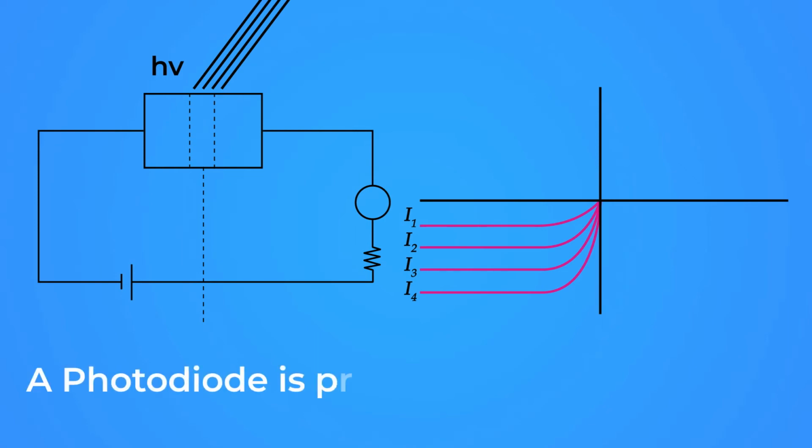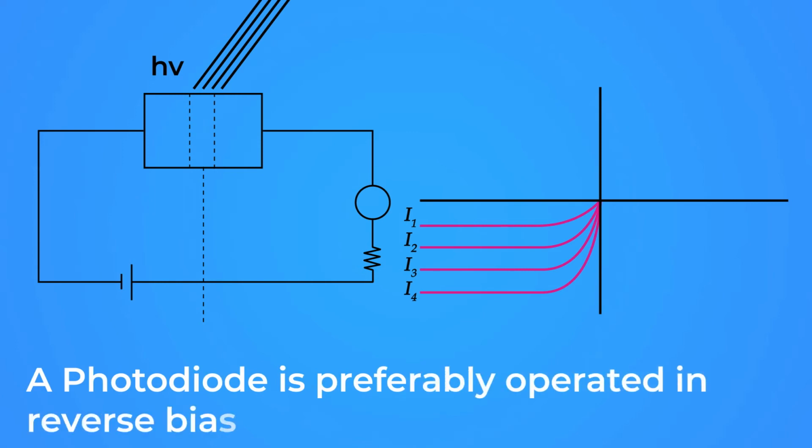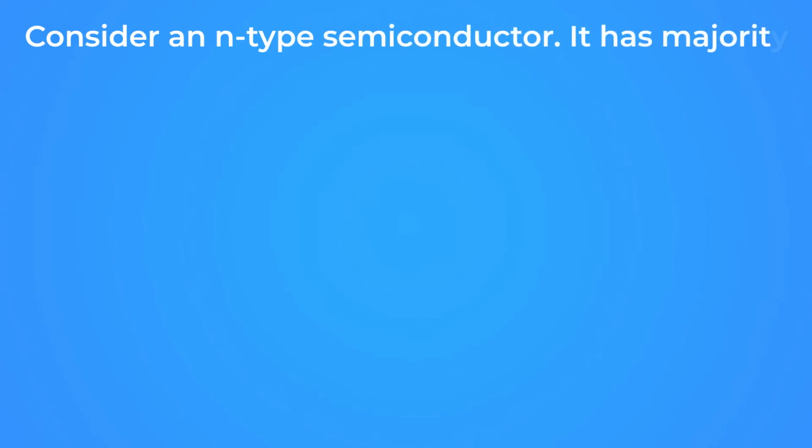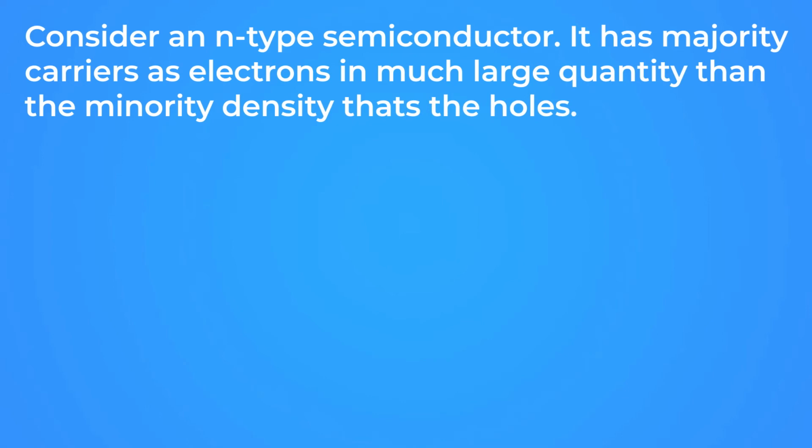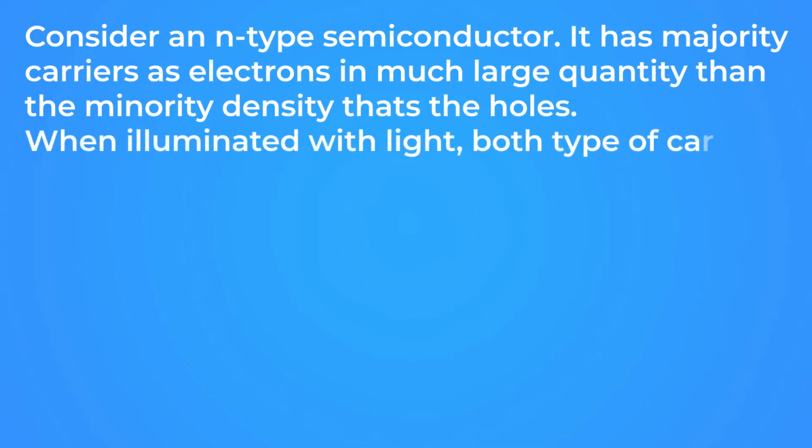A photodiode is preferably operated in reverse bias condition. Consider an N-type semiconductor. It has majority carriers, electrons, in much larger quantity than the minority carriers, that is the holes. When illuminated with light, both types of carriers increase equally in number.